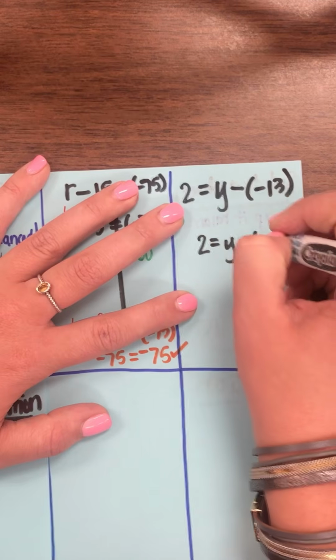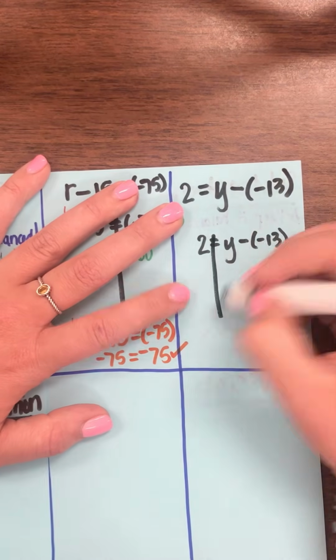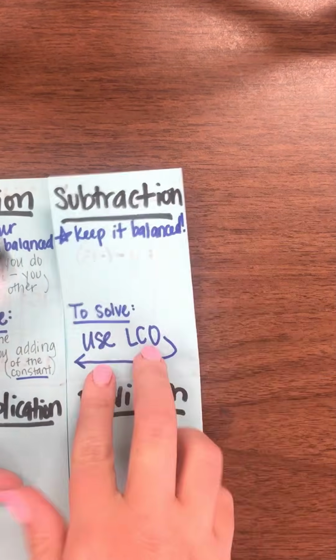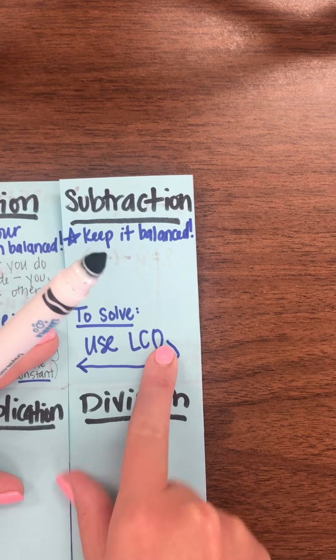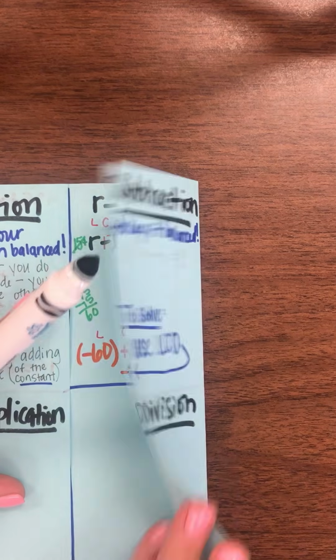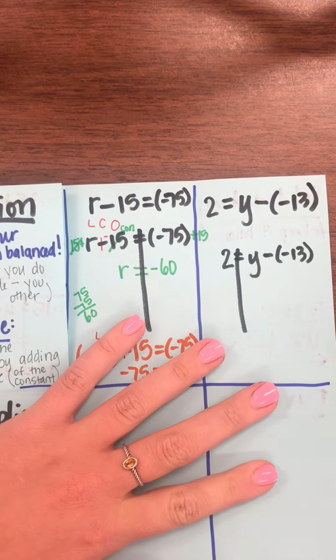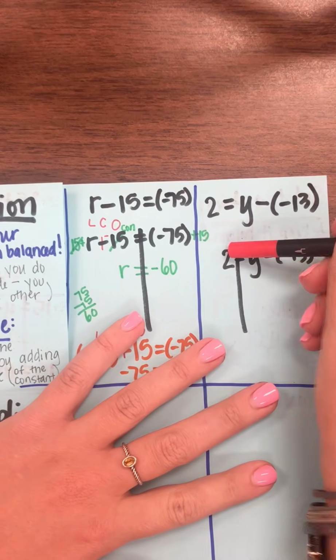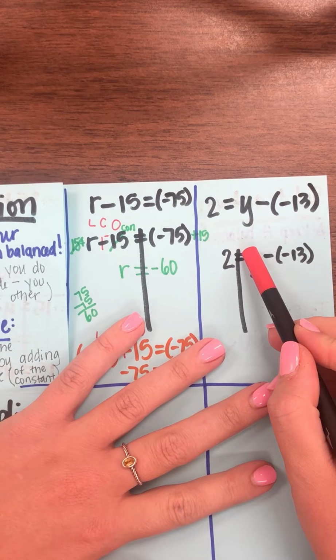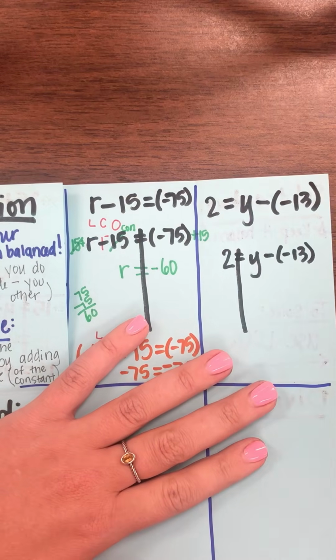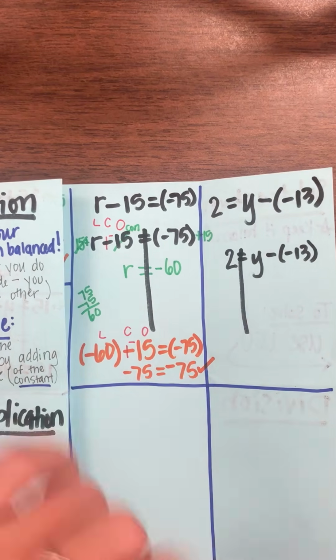I'm gonna draw my line, okay? To solve with subtraction, we use LCO first. Anytime I see a subtraction sign, notice, I'm not gonna all of a sudden do LCO backwards. I'm not gonna do leave, change, opposite backwards. No, we always read left to right, so LCO happens left to right.